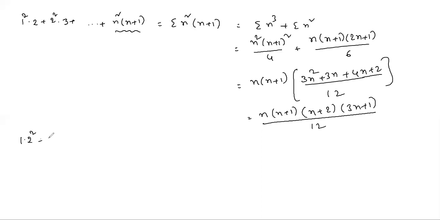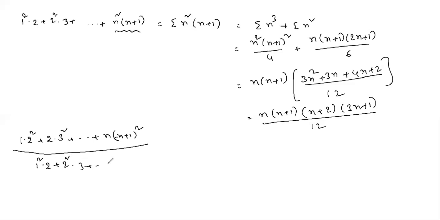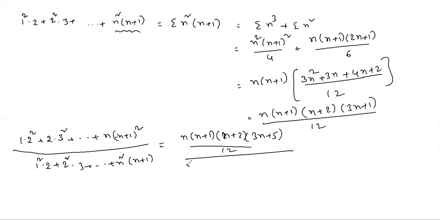The numerator 1 into 2 square plus 2 into 3 square plus and so on plus n into (n plus 1) whole square, by the denominator 1 square into 2 plus 2 square into 3 plus and so on n square into (n plus 1), equals: the first one we get n into (n plus 1) into (n plus 2) into (3n plus 5) by 12, and similarly the second one we get n into (n plus 1) into (n plus 2) into (3n plus 1) by 12.